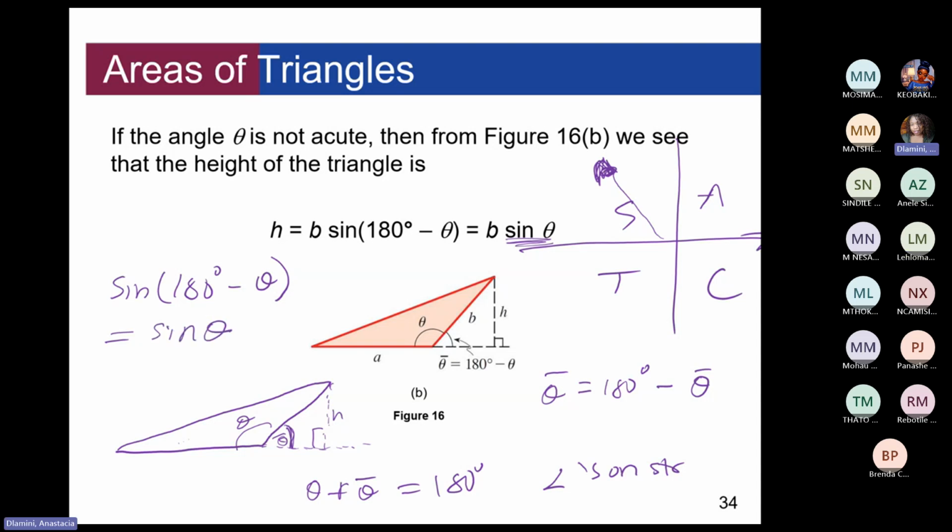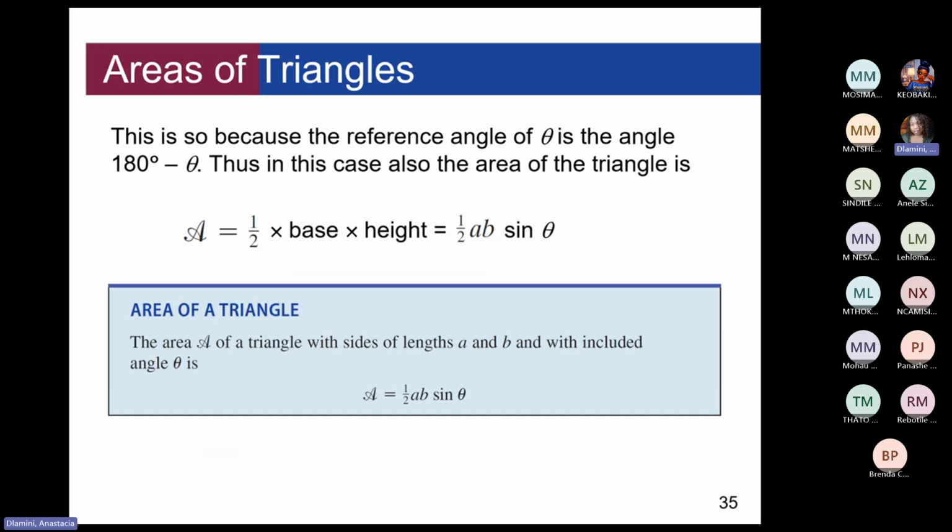So they are saying that you can still use this formula even if your angle is acute or not. Even if your angle is an acute angle, or an angle which is less than 180 degrees, you can still use this formula. This is because the reference angle of theta is the angle of 180 degrees minus theta.